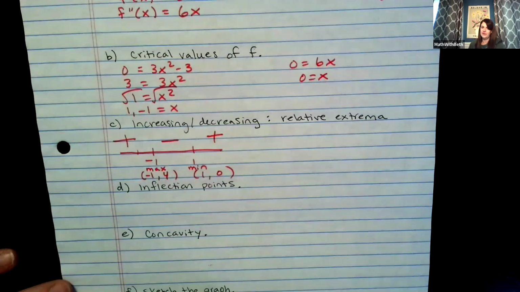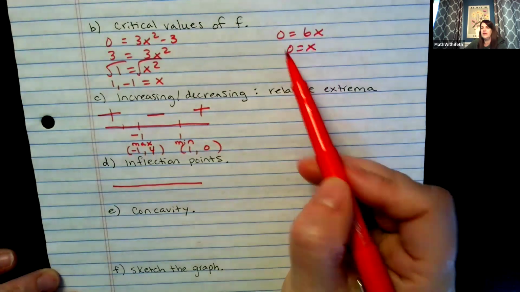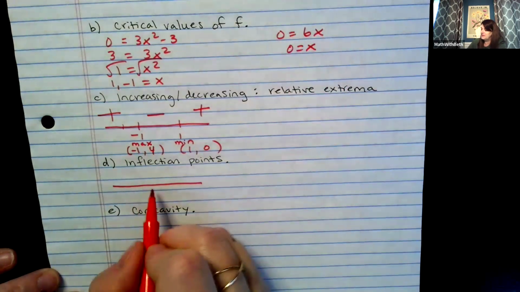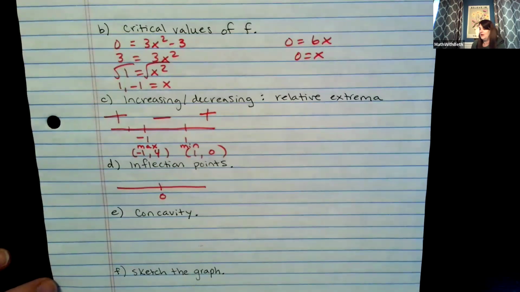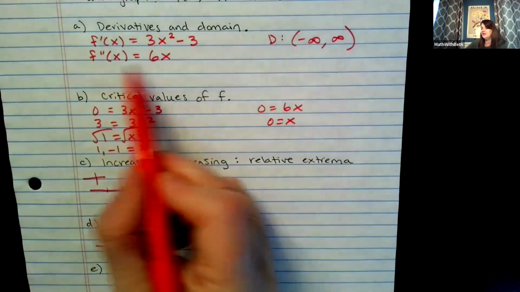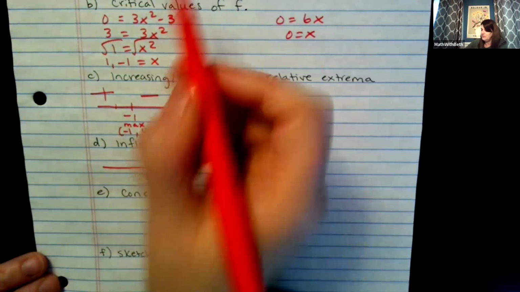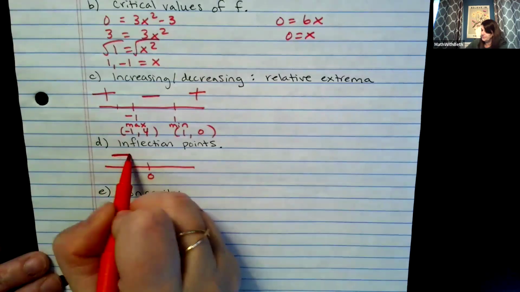Okay, now for inflection points. Now I care about the second derivative, and the critical value I got when I set the second derivative equal to 0, which was just 0. And I'm going to plug in a point to the left and a point to the right into the second derivative to see if it is concave up or concave down. So plugging in -1 would give me a negative.